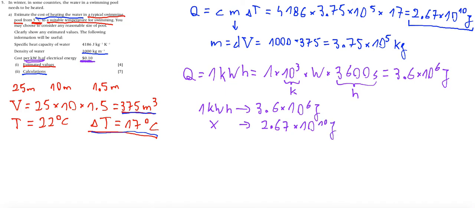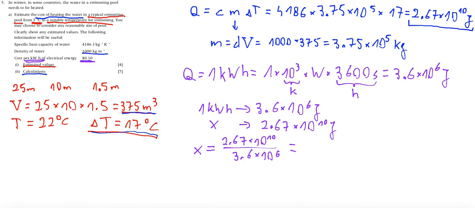So finally we have to divide this by this, so our x, energy expressed in kilowatt hours, is 2.67 times 10 to the power of 10 divided by 3.6 times 10 to the power of 6.